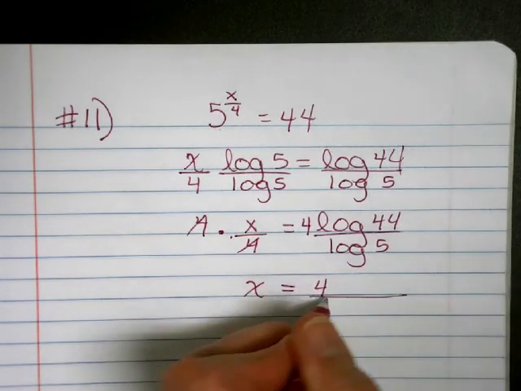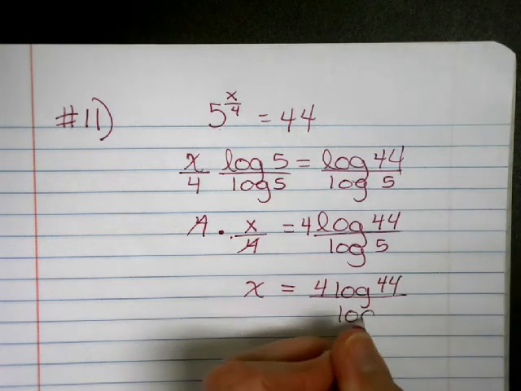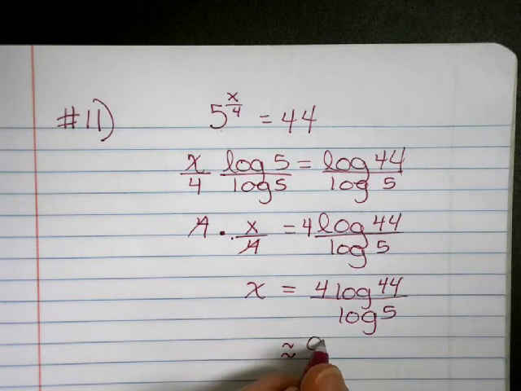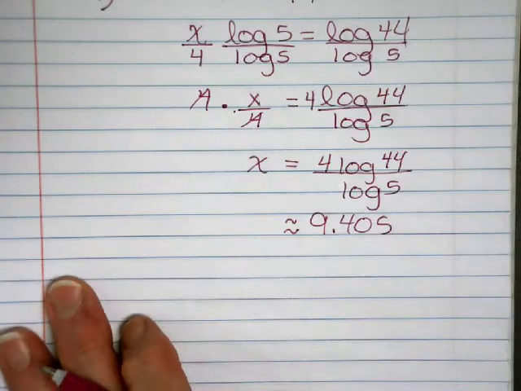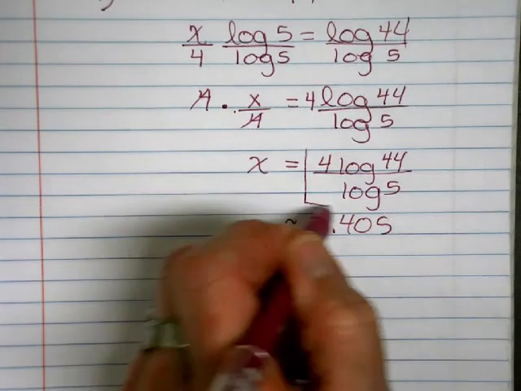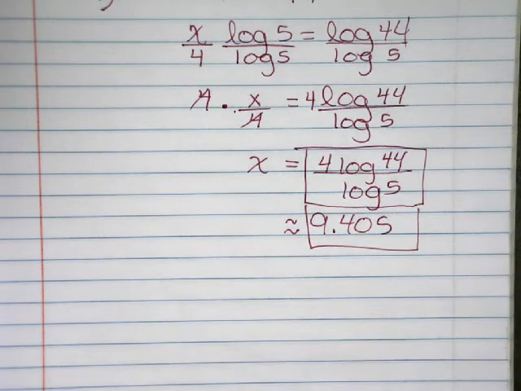So x, these cancel. Exactly 4 log 44 over the log of 5. And about 9.405. So click, click, click, click, click. Here's my exact. Here's my approximate.